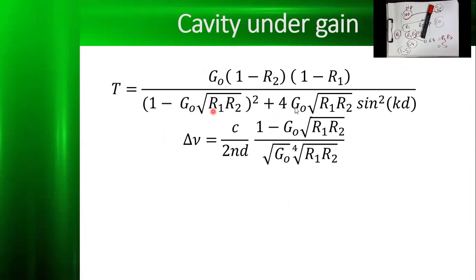So this G node represents the gain outcome from the amplification medium, or the gaining medium, you add. It is basically the same equation, but with the term G node inserted in the denominator, so it's just multiplying both terms by G node.